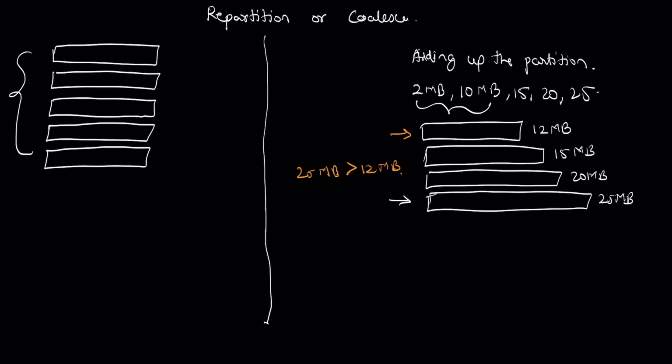So repartition is a wide transformation. We have taught narrow and wide transformation in our previous video, so I would highly recommend that to understand what a wide transformation is, you should watch that video first. And coalesce is a narrow transformation.